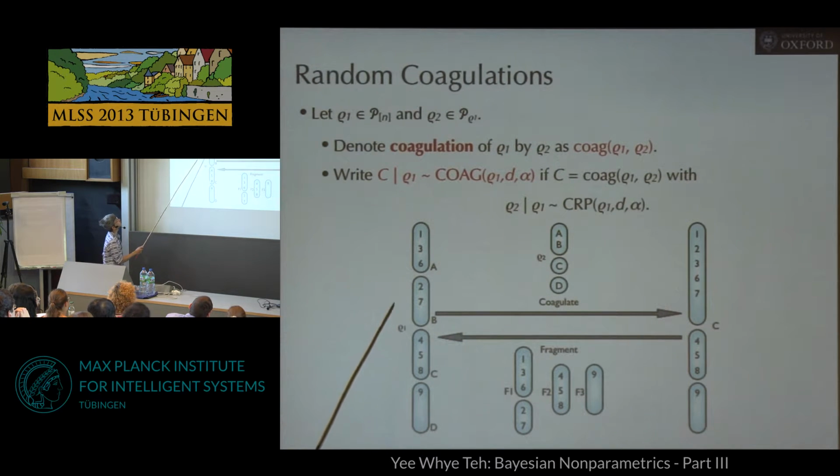So we can construct a random coagulation by basically drawing from a CRP, where the elements of the CRP are clusters in the partition itself. If you draw a CRP like this, you might get a partition where AB is put into one cluster, C and D into separate clusters, and basically that corresponds to a random coagulation where we decided at random that A and B are going to be put together, and C and D are going to stay by themselves. Okay? So this constructs a random coagulation.